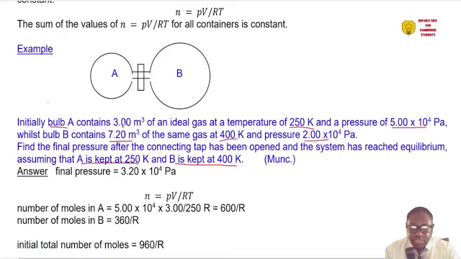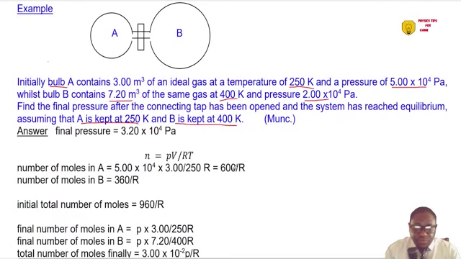R is 8.31 and T will be 250 kelvins, that is in bulb A. Then in container B, P is 2 times 10 to the power of 4 pascals, V is 7.20, R is 8.31, and then our T is 400 kelvins. You find that the number of moles in A will be 600 over R, so in terms of R, and then in B is 360 over R, so the total number of moles will be 960 over R.